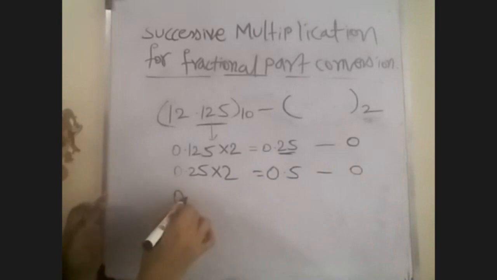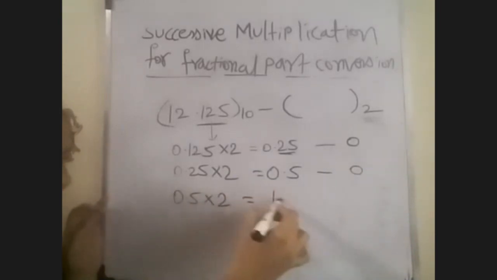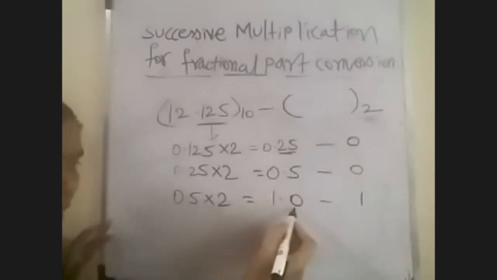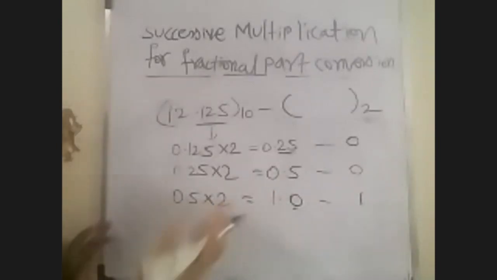Again 0.5 into 2. What is the value now? 1.0. Here the integer part is 1 and the fractional part is 0, so we stop the multiplication here.